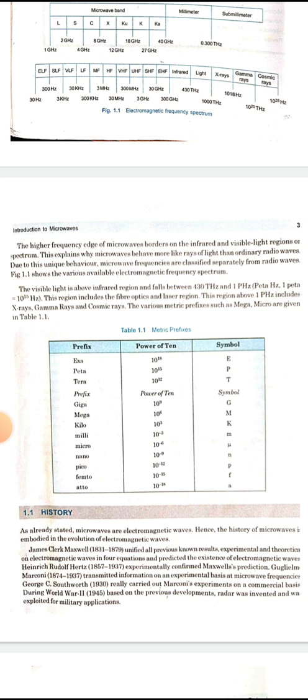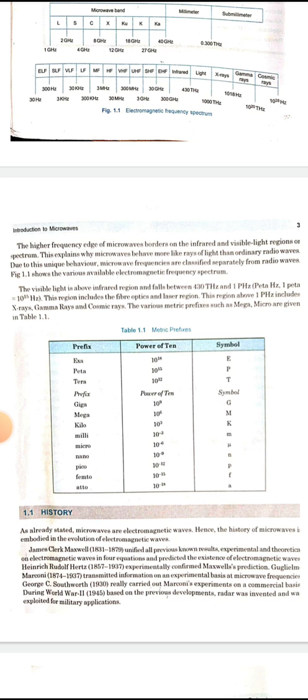Now here we are observing that the power becomes negative. Up to kilo it is 10 raised to 3, 10 raised to 6, 10 raised to 9, 10 raised to 12, 10 raised to 15, 10 raised to 18. But for milli it is 10 raised to minus 3. So the power becomes negative, and the symbol is a small m.